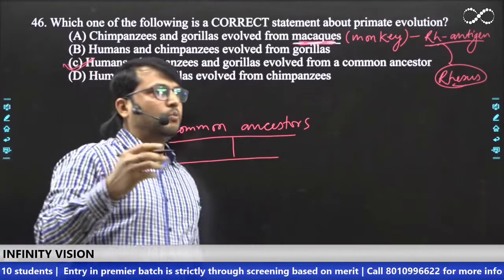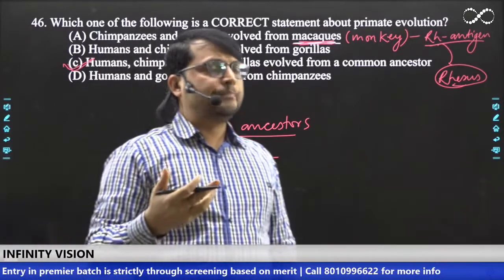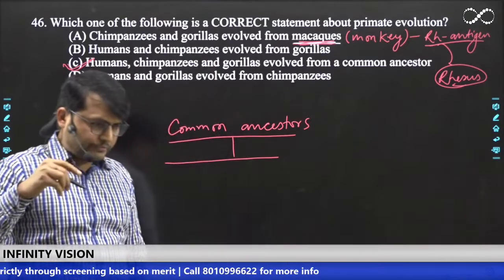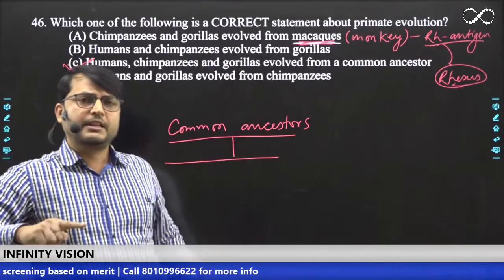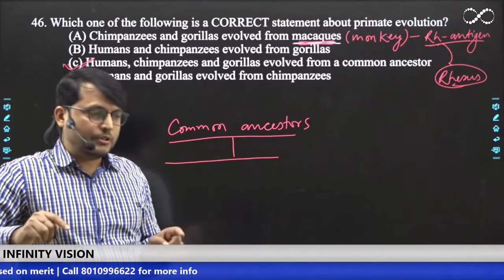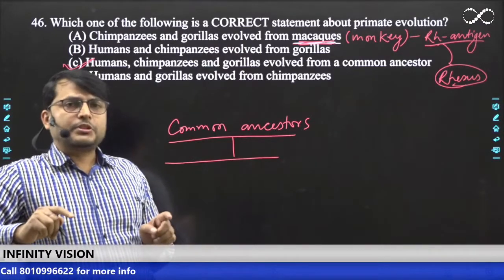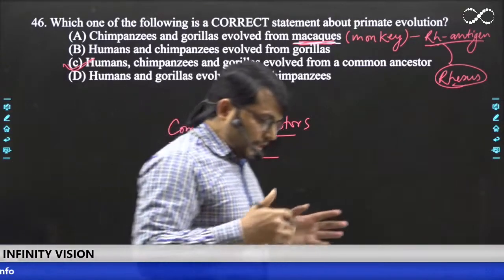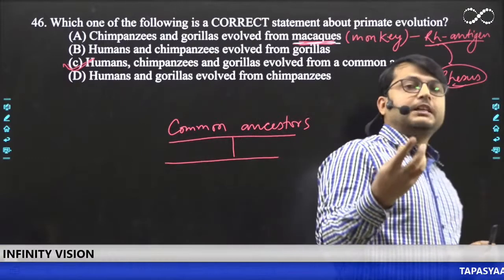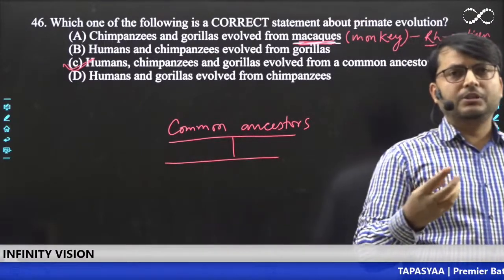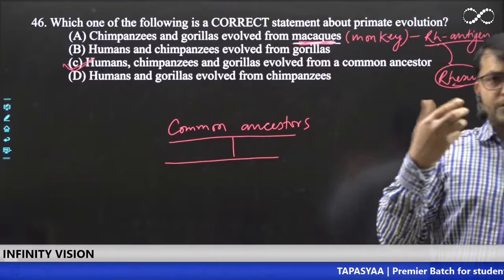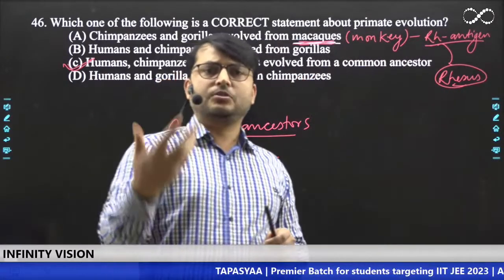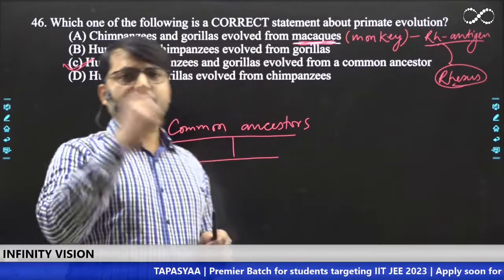If you want to have better knowledge about it, go back to the previous video where we have already discussed this question paper, and there I showed a flow chart, as I mentioned earlier. Have a look at that flow chart. It will give you a good idea about primate evolution, how the primates evolved from tree shrew-like mammals, how the old world monkeys, new world monkeys, and from those the apes, gorillas, orangutans, and humans evolved.